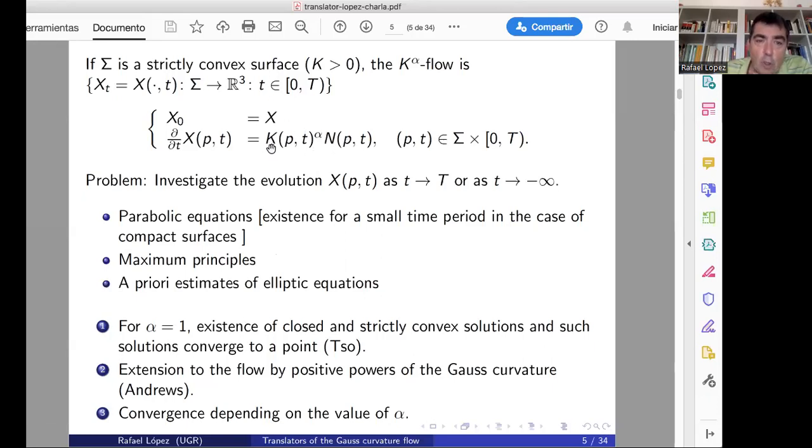Okay, here there are always solutions. For other alpha, it's possible to extend the result from alpha equal 1. Okay, and also, of course, the equation depends on the value of alpha. In general, people can study positive values of alpha.